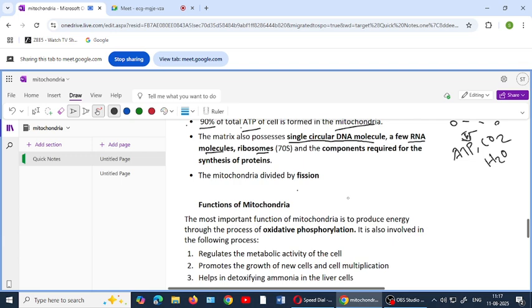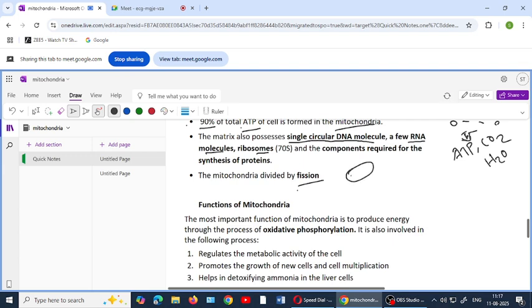What is fission? Fission, fusion, do you remember that from your early classes? Yes, the cell divides into two, like this.